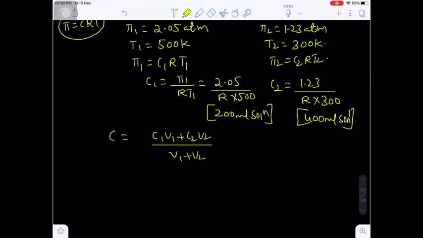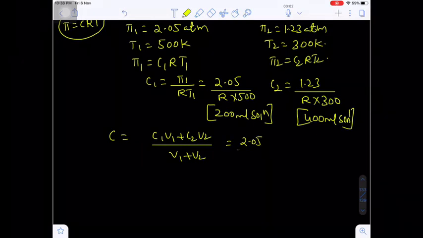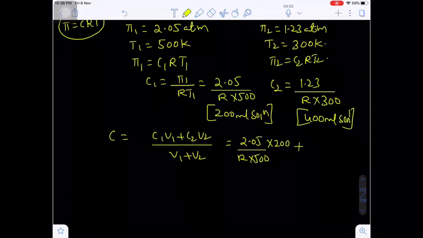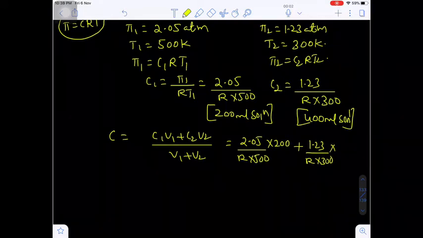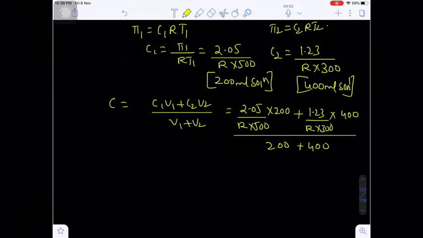Yes or no? So here C1 will be 2.05 by R into 500, into what is the volume here? 200 ml, plus C2 that will be 1.23 by R into 300, into V2 that will be the 400 ml, whole divided by V1 plus V2 that will be 200 ml plus 400 ml, 600 ml.